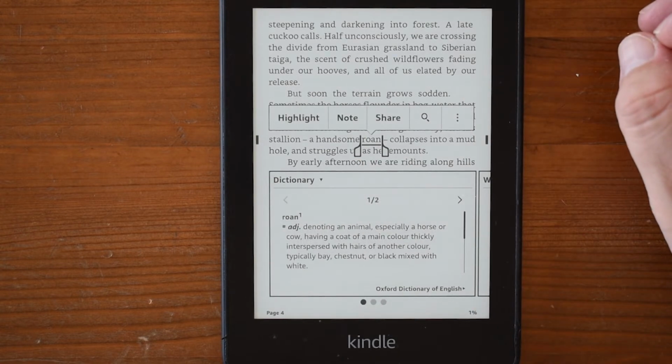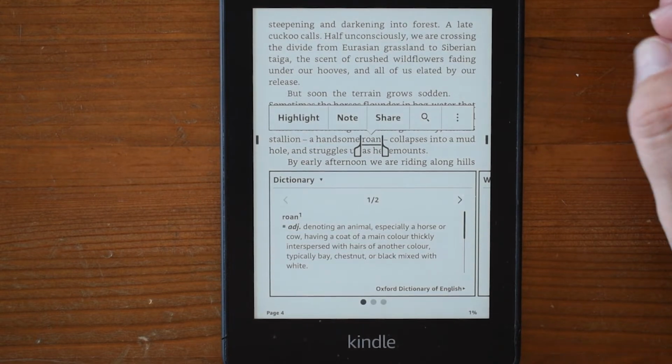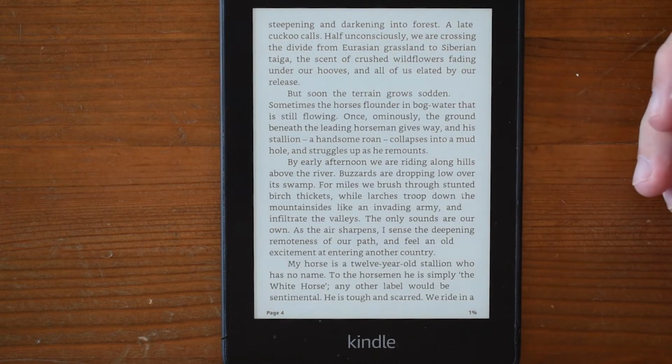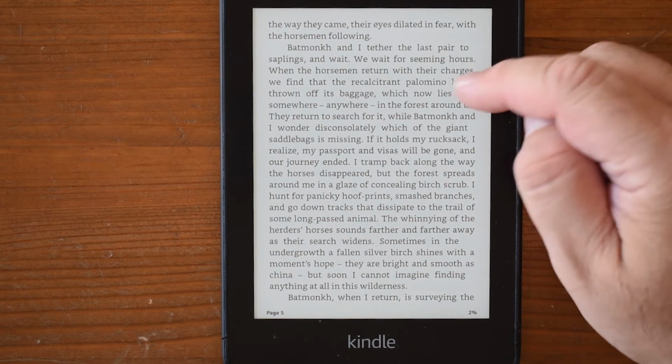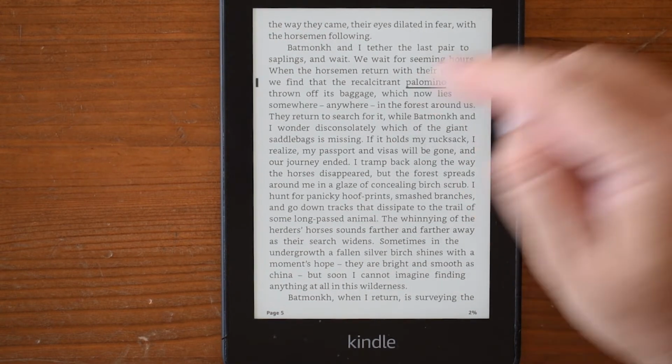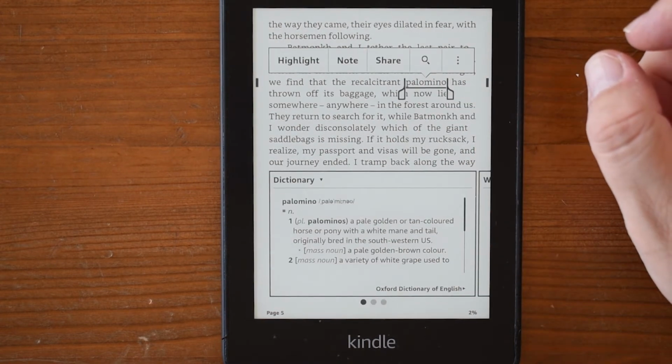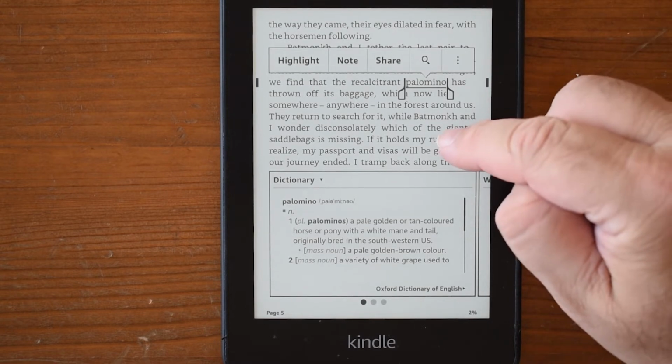Probably kind of horse, denoting an animal, especially a horse or cow, having a coat or a mane color thickly interspersed with hair of another color, typically bay, chestnut or black mixed with white. Okay, so it's just the color of the stallion. I don't know, palomino. It's a kind of horse.